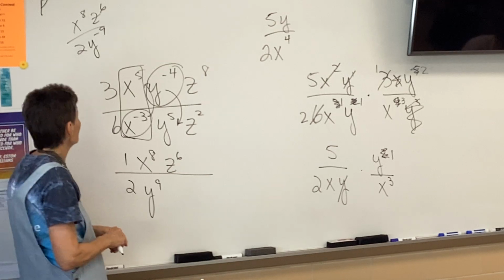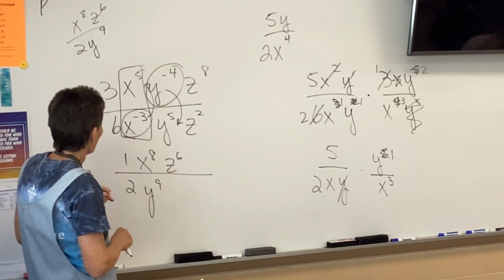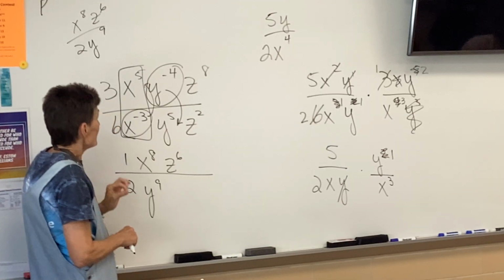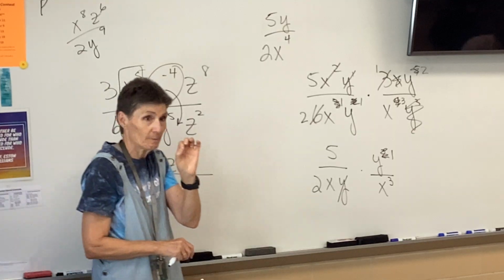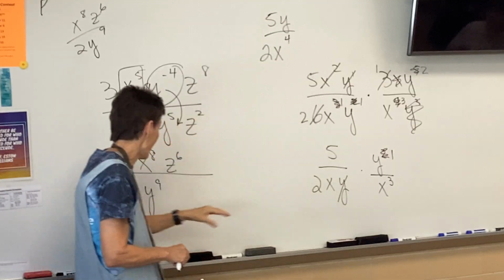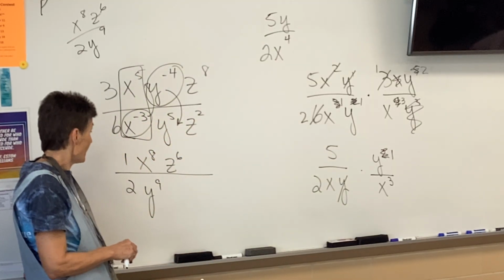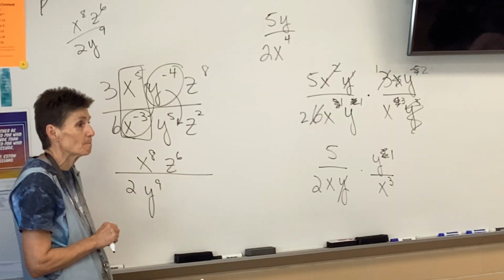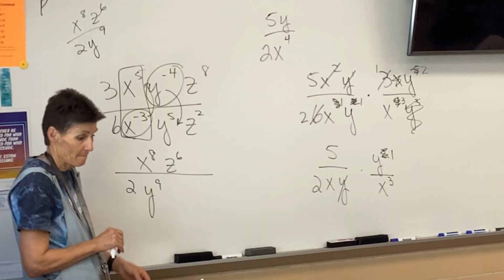So Charlie, you were good, except that I'm not sure why that was negative. Did you subtract the exponents? Yeah. Okay, but that would be on top. So you have y to the negative 9th on the top, which would make it y to the 9th on the bottom. Good job. Anybody have a question about that? You don't need that one, I put it in there, but you don't need it. Is that okay?